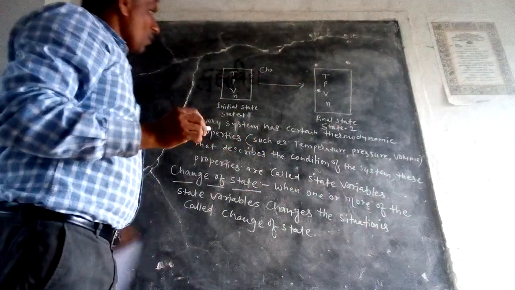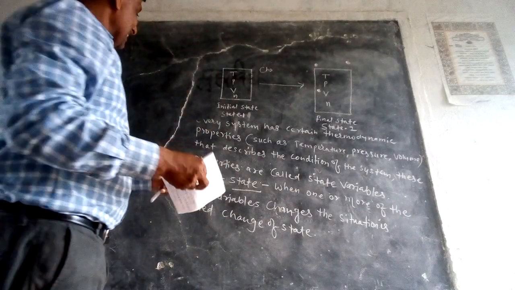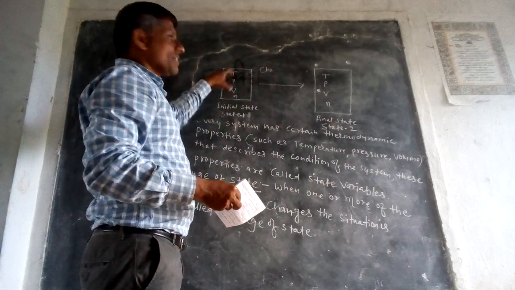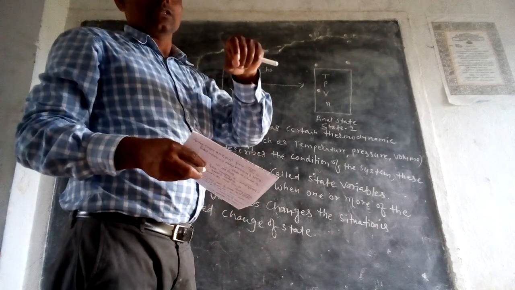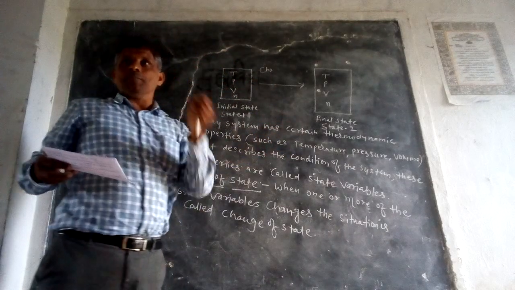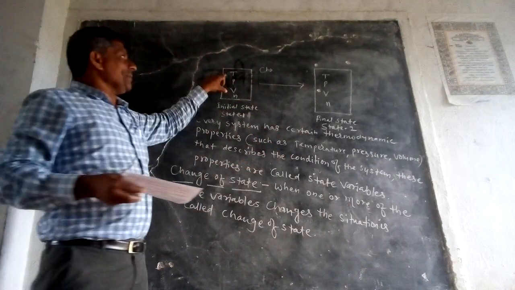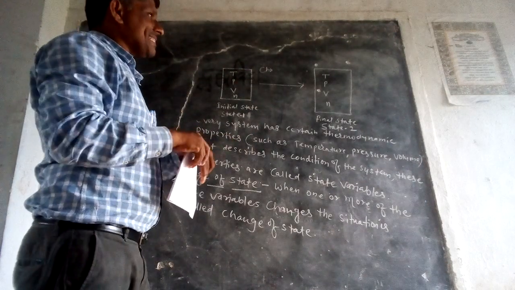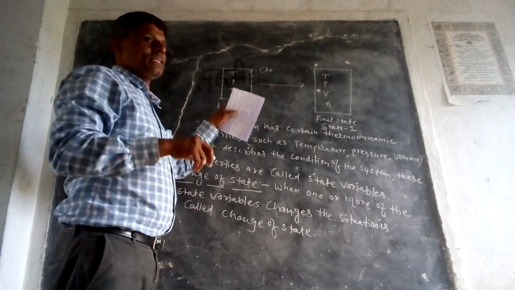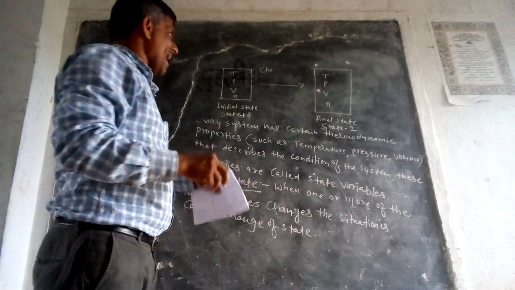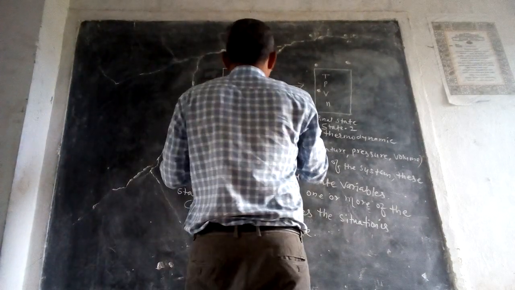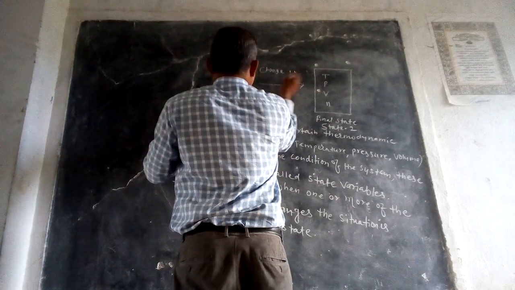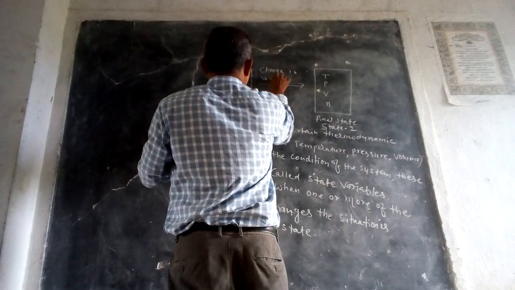So when can you say there is a change of state? The condition is that at least one parameter must change. Then and only then you can say the state of the system has been changed. So what is going on? This is a change in variables.